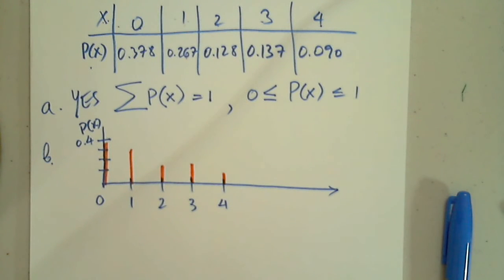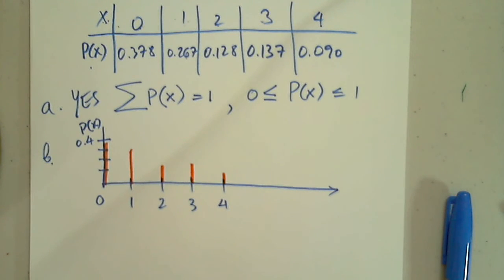Then 0.267. Then 0.128. And two more, 0.137. And last one, 0.090. Enter.